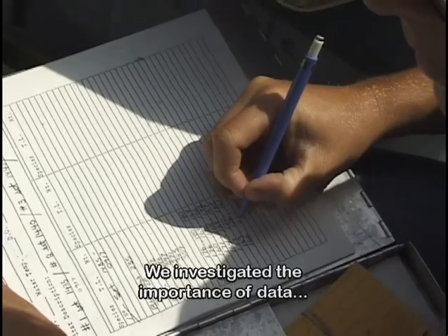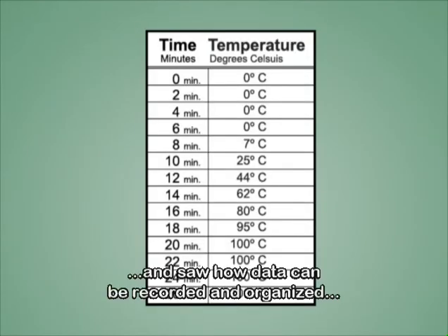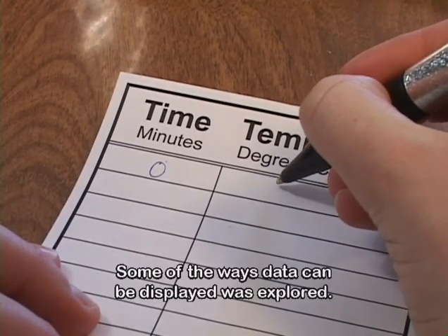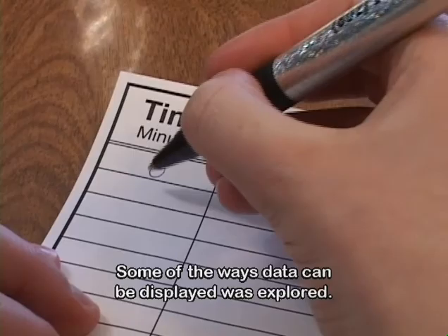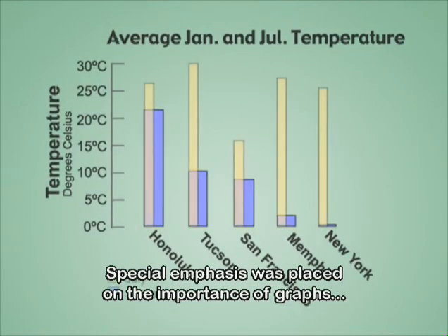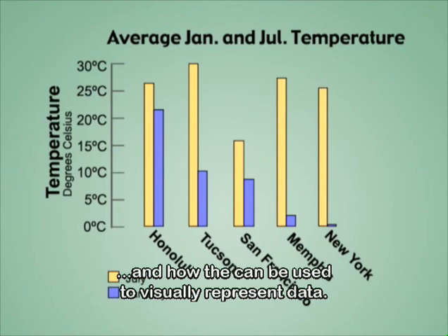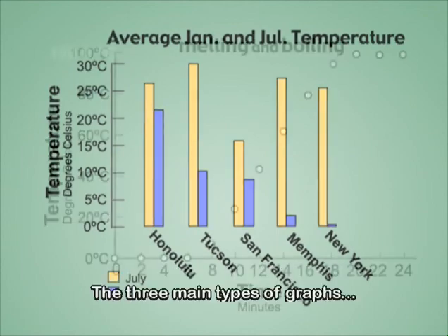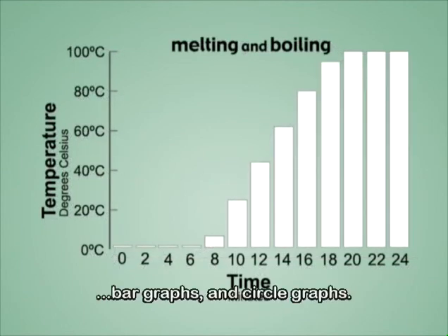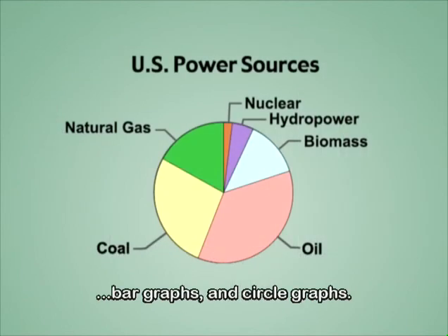We investigated the importance of data and saw how data can be recorded and organized in data tables. Some of the ways data can be displayed was explored. Special emphasis was placed on the importance of graphs and how they can be used to visually represent data. The three main types of graphs included line graphs, bar graphs, and circle graphs.